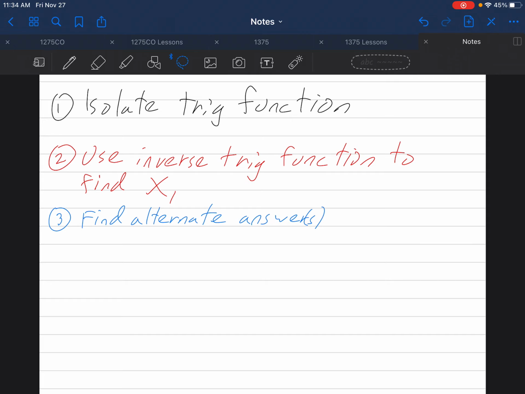right? It's actually possible to not have two answers, right? Sometimes the trig function only has one answer, but you do have to go through the steps. In a case where a trig function only has a single answer, that means that you did the proper steps and both answers turned out the same, right?